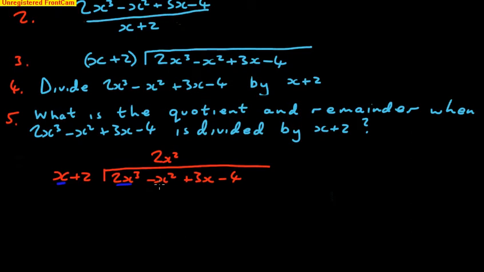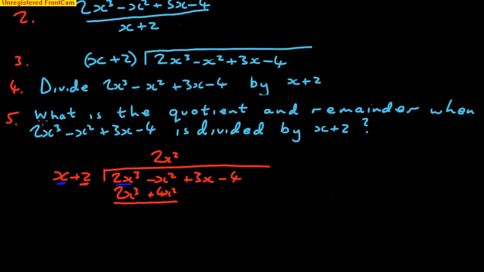Then you have to multiply back, and that means that I have to multiply the 2x squared times the x. If you multiply back that, you get 2x cubed, not surprisingly. You also have to do the 2x squared times the second term of the divisor, the 2. So for that you get 2x squared times 2, which is 4x squared, and that you write in the x squared column.